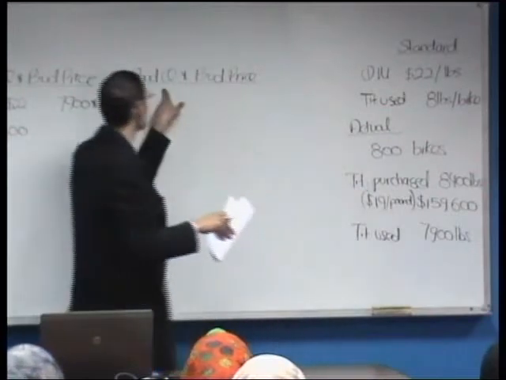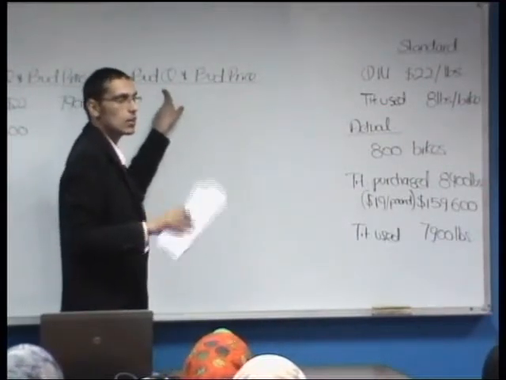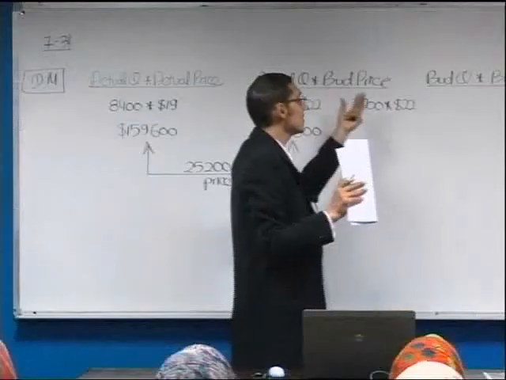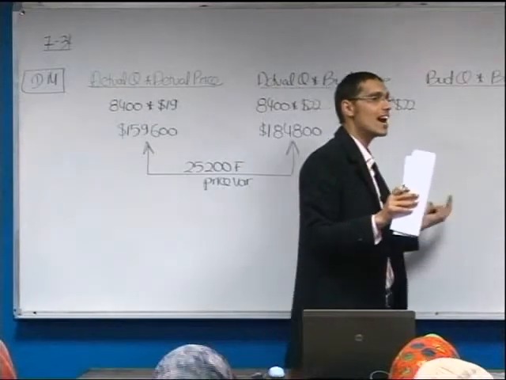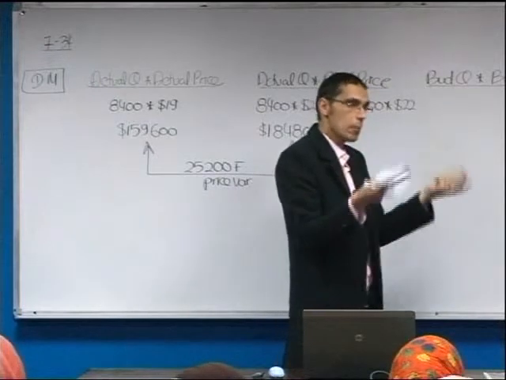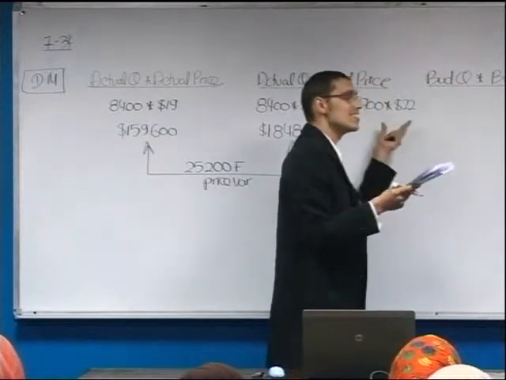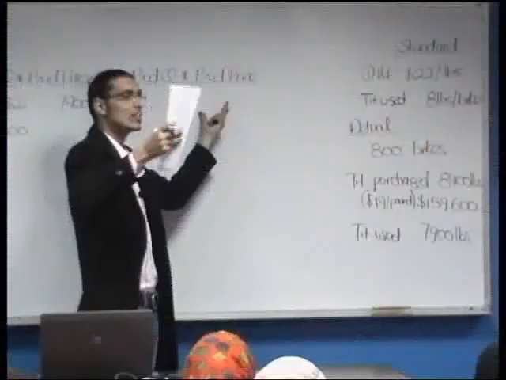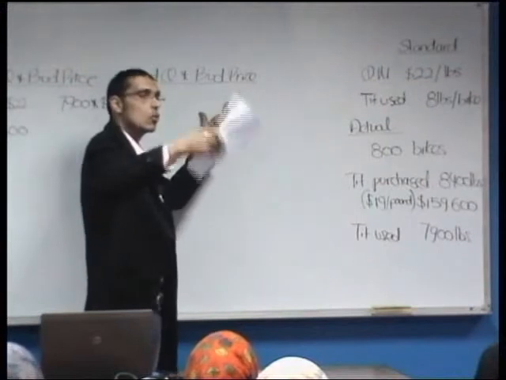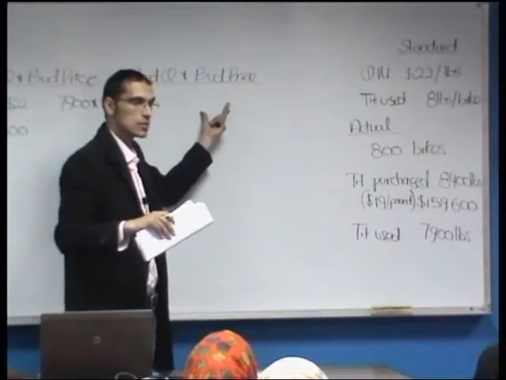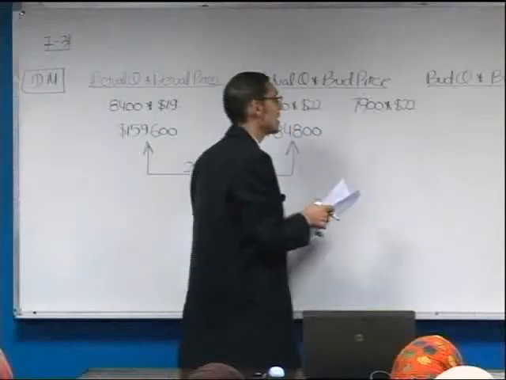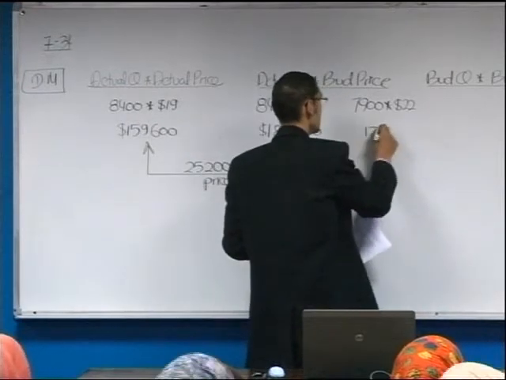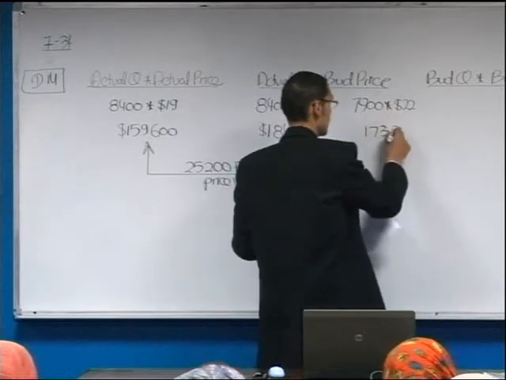But here, this is the budgeted quantity. I'm not talking about the budgeted quantity. I'm talking about the actual quantity. And in order to have our efficiency variance, we need to compare the actual quantity used within the manufacturing process with the budgeted quantity that should have been used within the manufacturing process. Therefore, 7,900 multiplied by 22, $173,800.